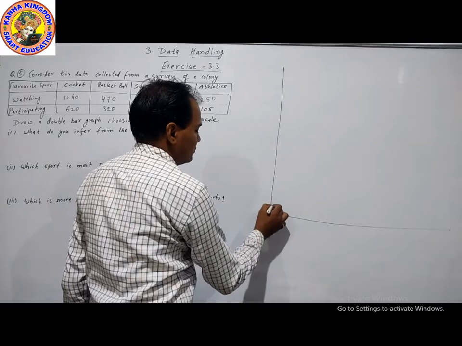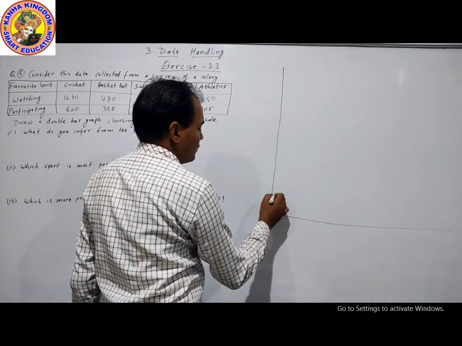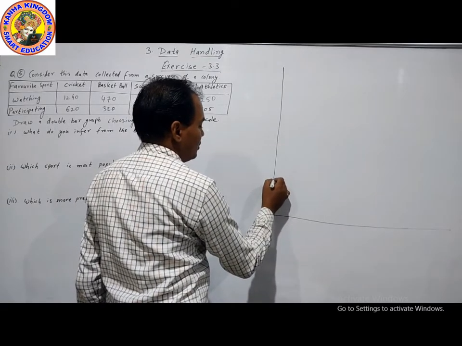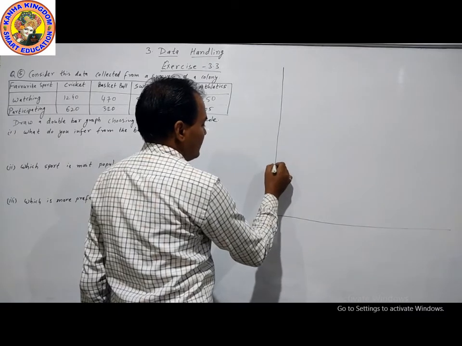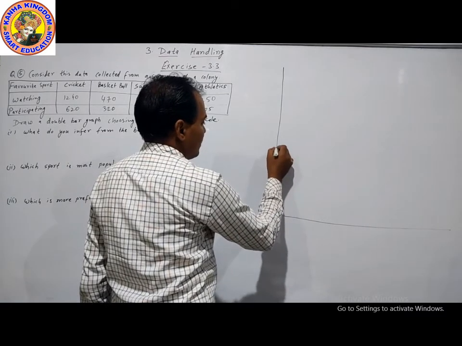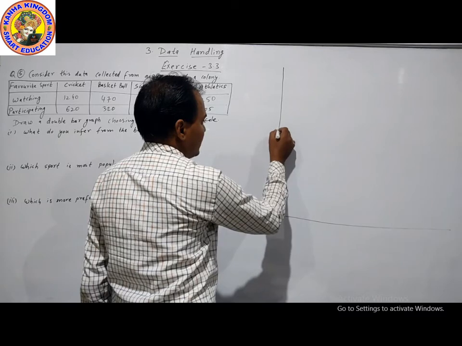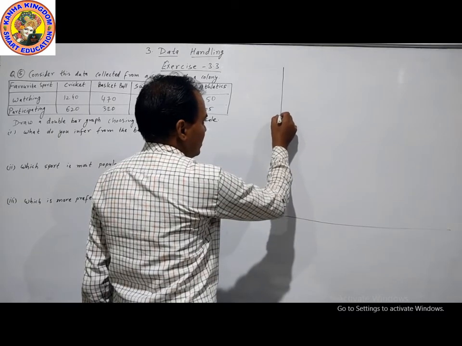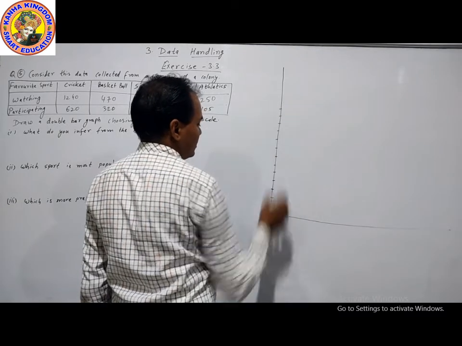Zero, 1, 2, 3, 4, 5, 6, 7, 8, 9, 10, 11, 12, 13.